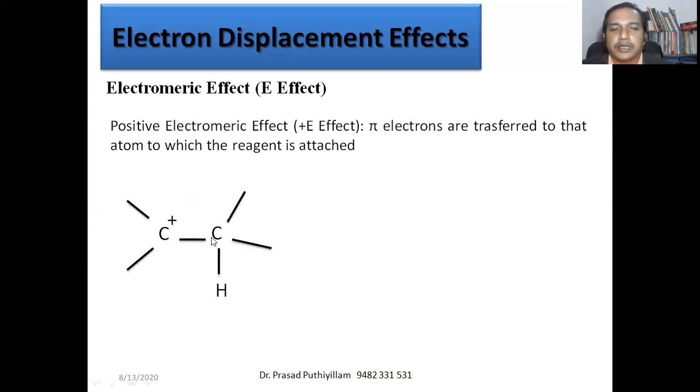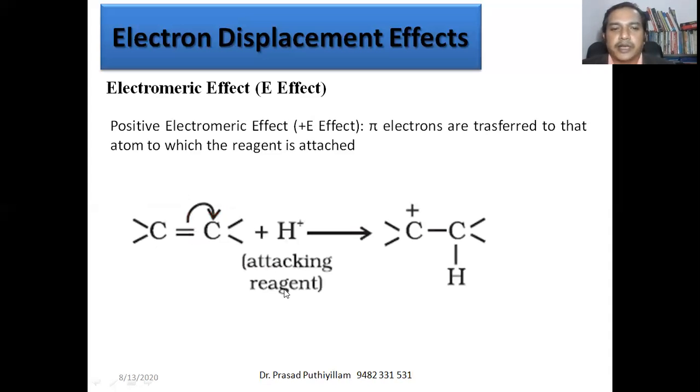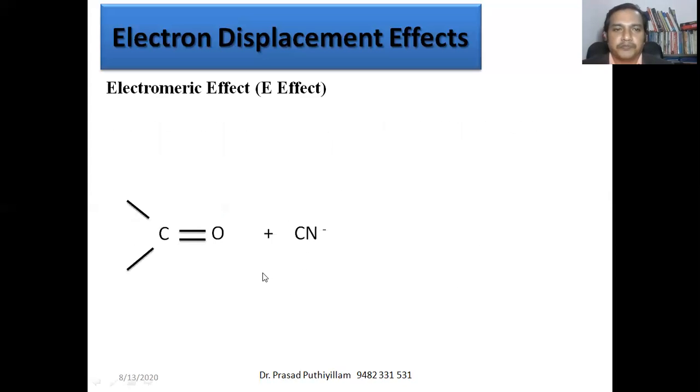So when the pi electrons move to the carbon atom, it forms a CH bond. The positive charge will be neutralized because the electron density is given to hydrogen, forming a bond there. Then the second carbon atom will get a positive charge. So in the presence of an attacking reagent, the shifting of the pi electron density takes place. This type of effect is known as plus E effect.